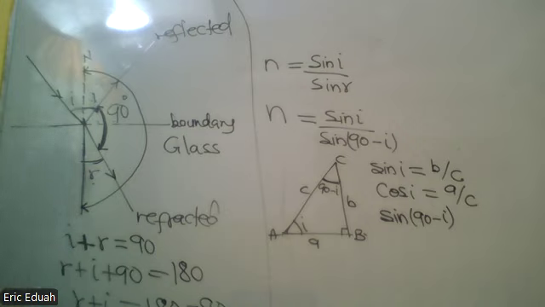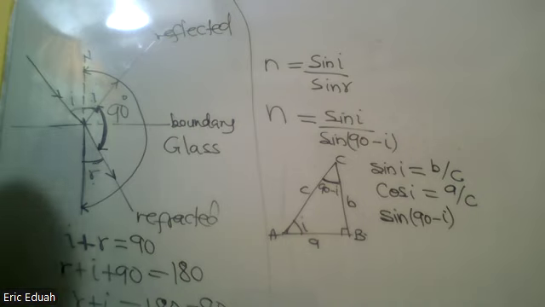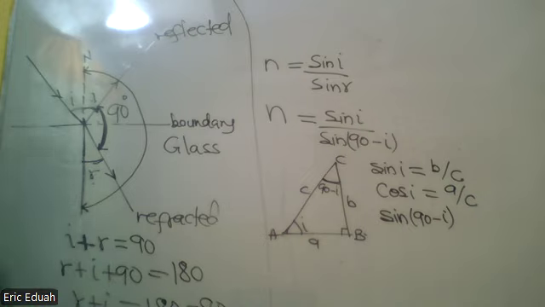Elizabeth, sine of 90 minus I. A over C. Thank you.